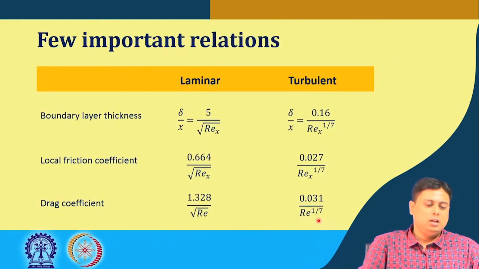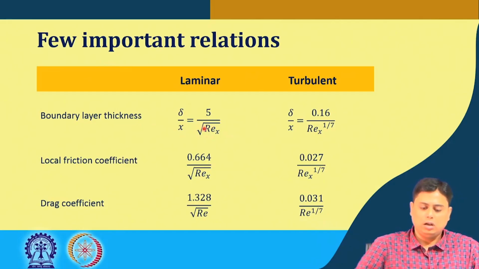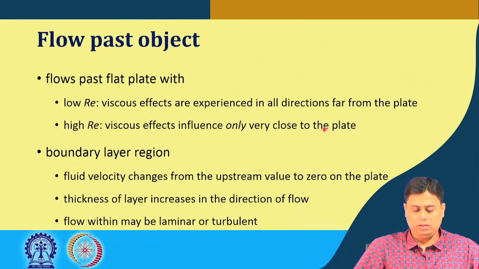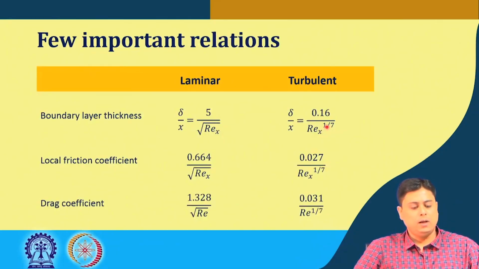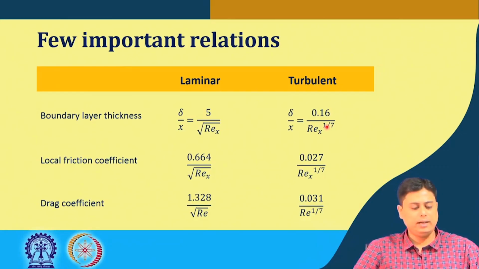The boundary layer thickness varies with the Reynolds number to the power half in case of laminar flow, and to the power 1/7 in case of turbulent flow. The local friction coefficient varies similarly, as well as the drag coefficient. So, you have to keep these expressions in mind and use them wisely.